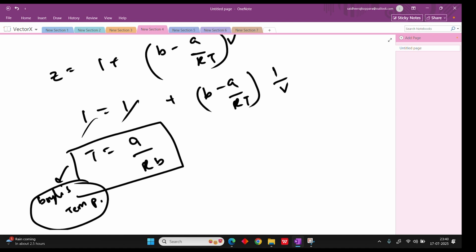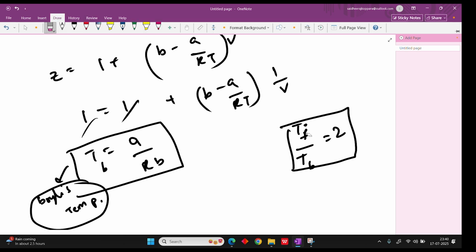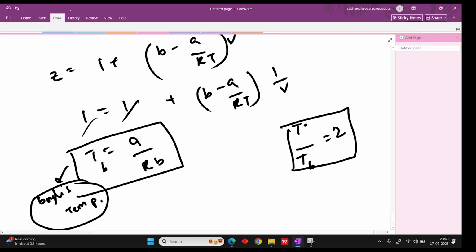And you also have another term called inversion temperature, which is just double of Boyle's temperature, and the ratio, it's denoted by TB, and TF by TB is always 2. Okay, sorry, it's TI. My bad.